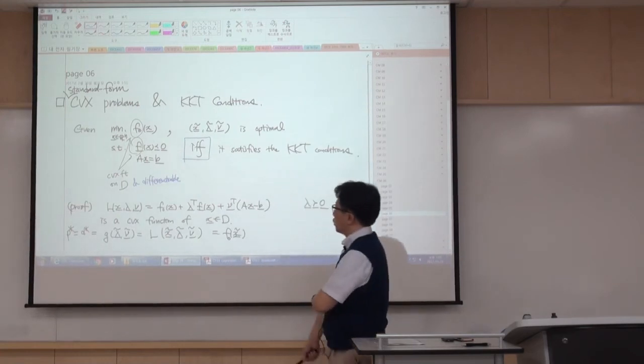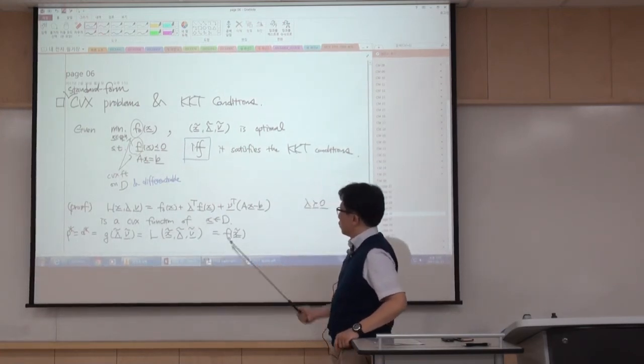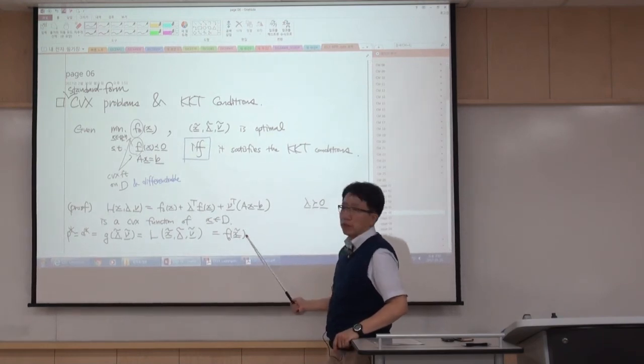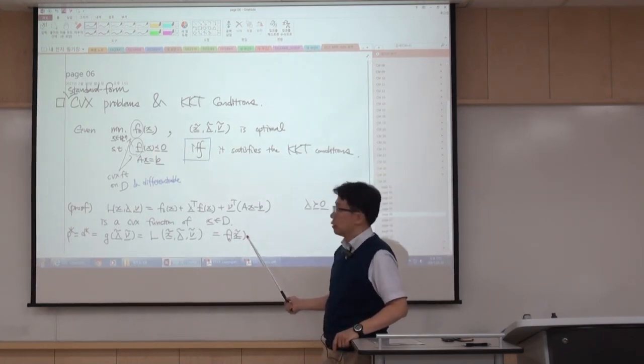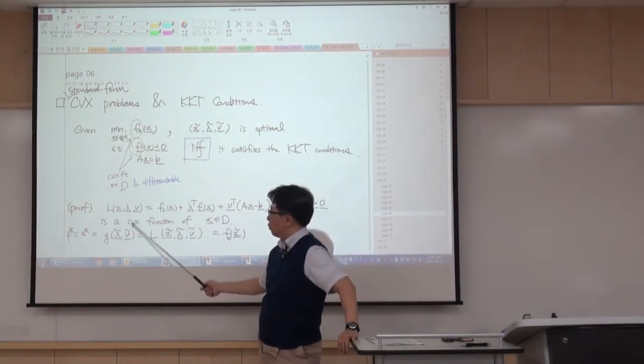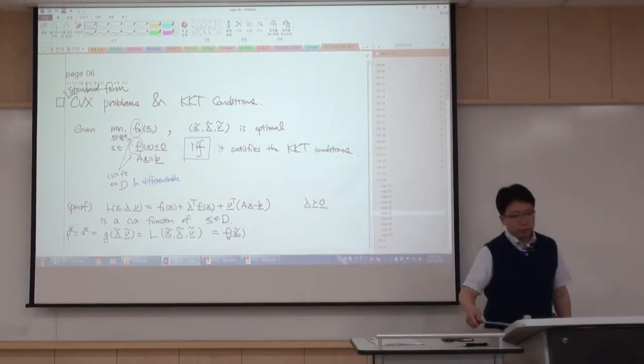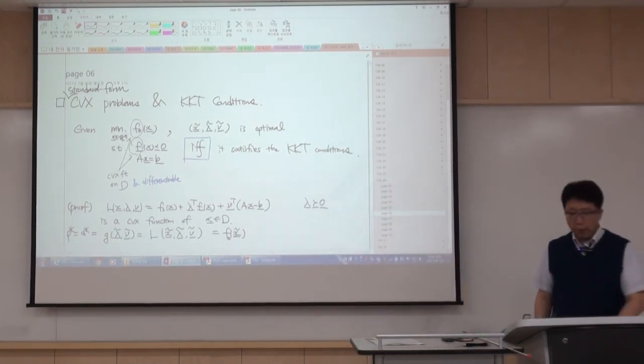Strong duality assumption. This is differentiability and convexity. So what? x tilde is one of the x stars, and definitely lambda tilde and nu tilde is one of the dual optimal pair. Got it? So this is the proof.